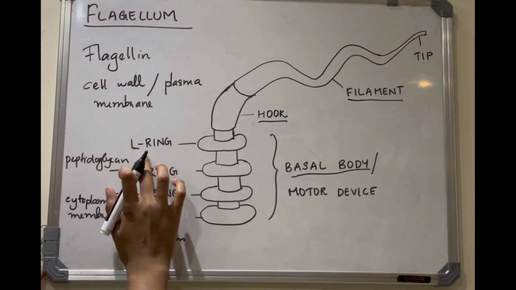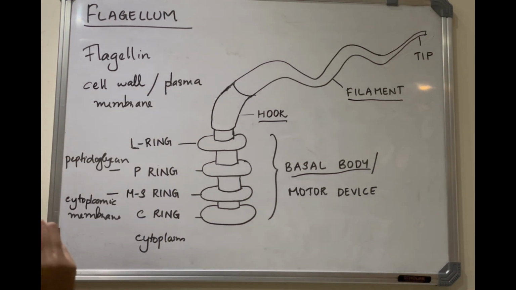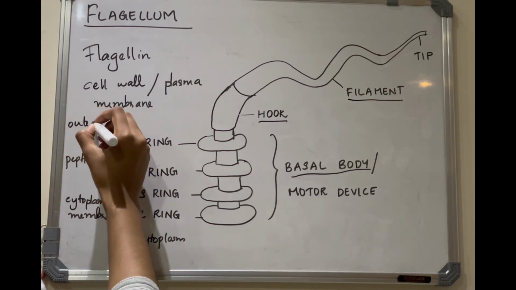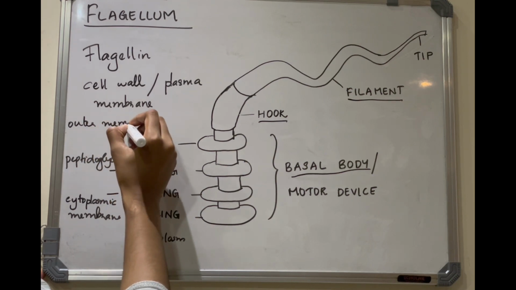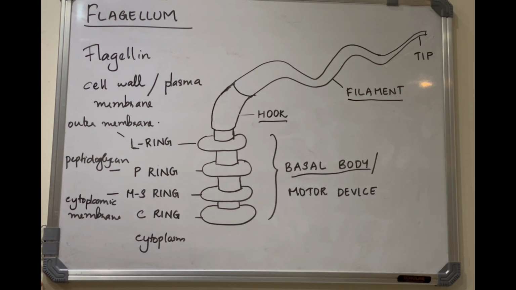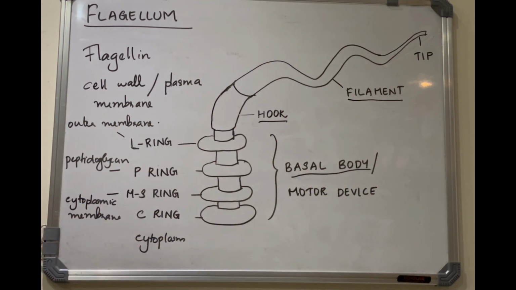And finally there is the L ring, the outer ring that is anchored in the lipopolysaccharide layer, or we can say it is associated with the outer membrane. So these are the three main parts of the flagella.